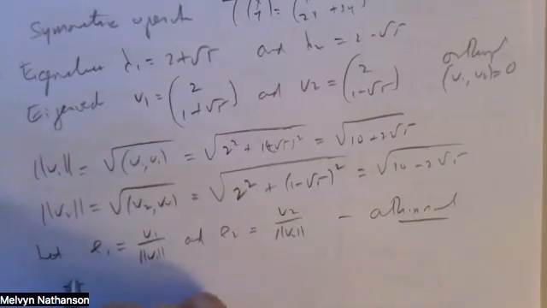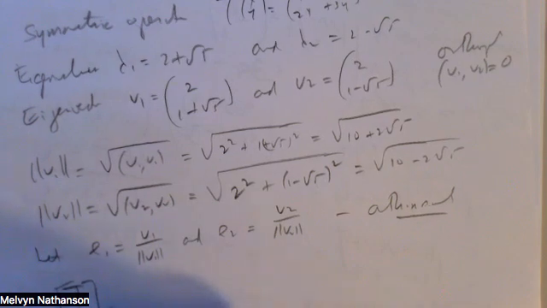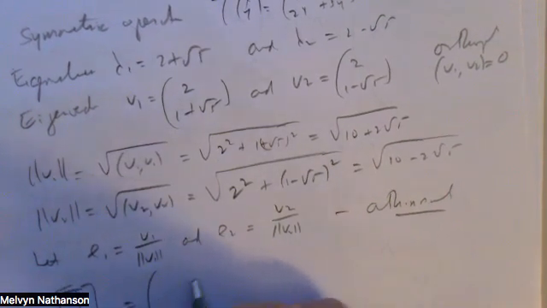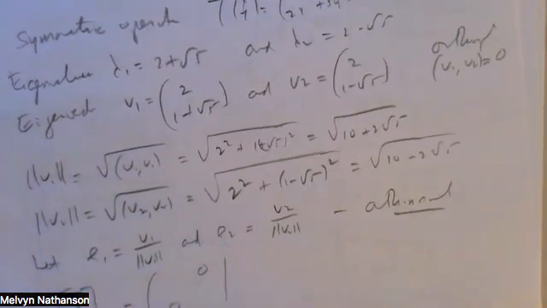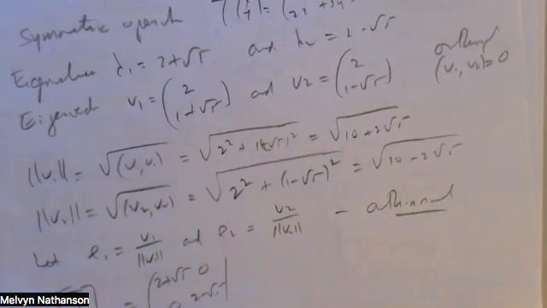And the matrix for T with respect to this orthonormal basis will be diagonal with the eigenvalues along the diagonal, namely 2 plus root 5 and 2 minus root 5.